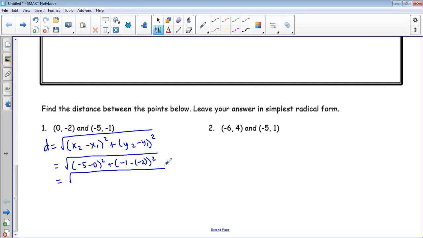That's the substitution. You could let the calculator do the inside at that point. -5 minus 0 is -5 squared is 25. -1 minus -2 is plus 2, which is 1. Squared is 1. 25 plus 1 is 26. So D is equal to the square root of 26.